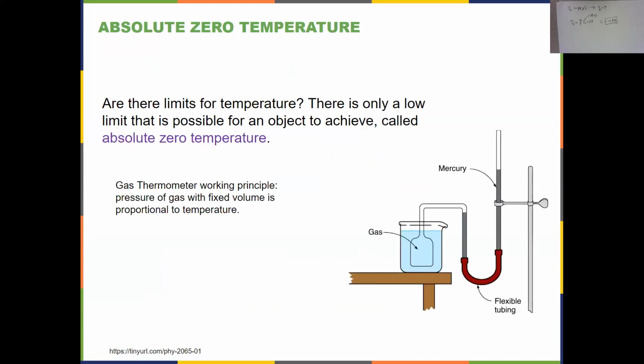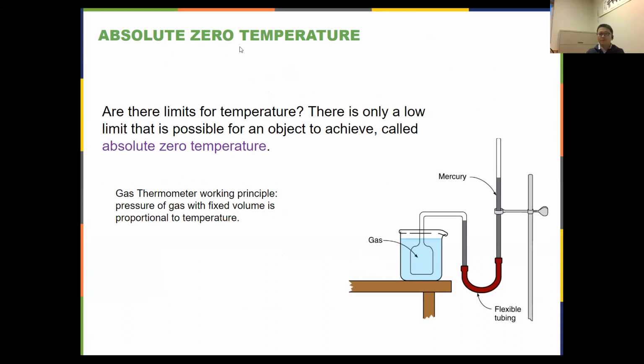Now you probably heard about temperatures on the higher end, like the stars could have thousands of degrees Celsius, even hundreds of thousands, millions. It seems there's no limit on the high end for temperature, but there's actually a low limit. That is called absolute zero temperature.